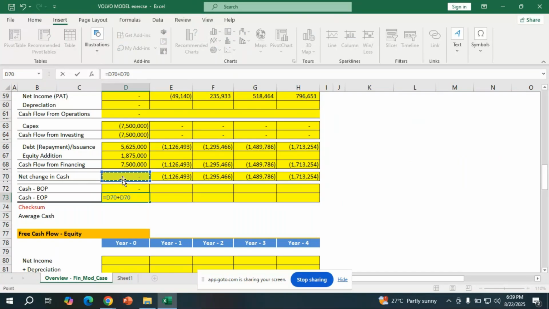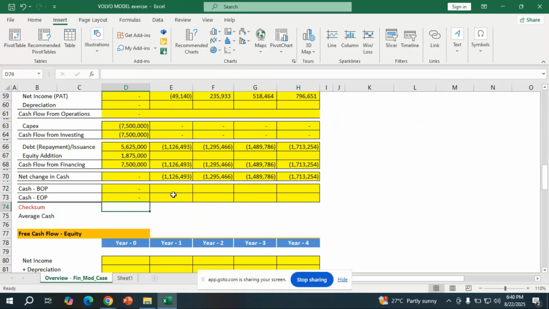So we have net change in cash plus cash at the beginning of the period. So I'm going to get it there.